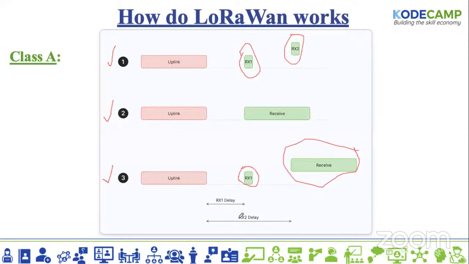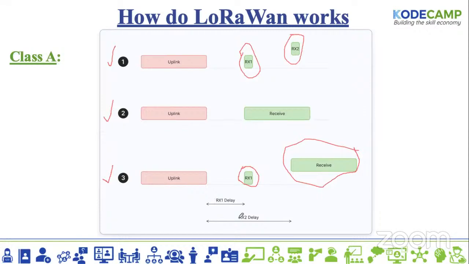So it has a high downlink latency. That means the end device must send an uplink before it can receive a downlink.